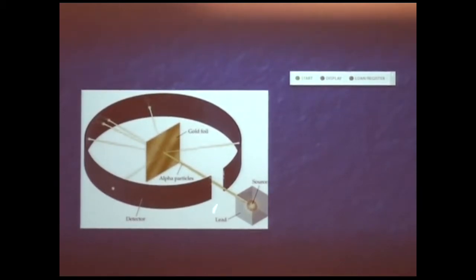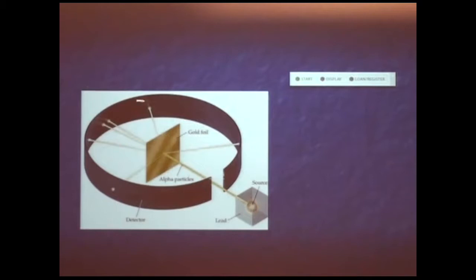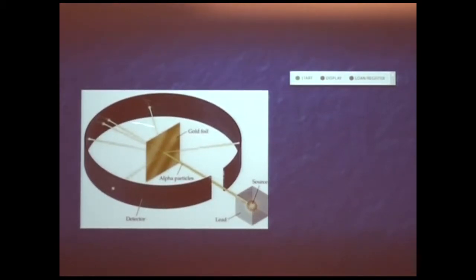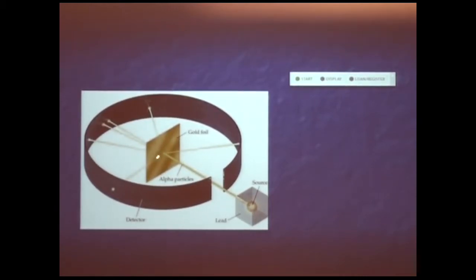Here was his radioactive source, and here was a detector that would pick up the alpha particles by measuring their charge. He expected most of them to come over here, and from the deflected zones he would be able to tell what's going on inside this gold foil, which was very thin, almost just one layer of atoms.